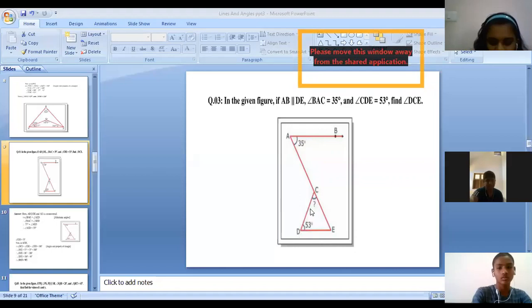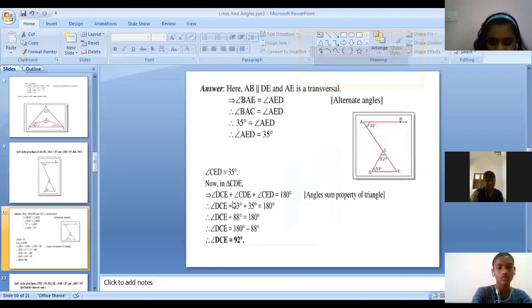Now, when you observe this triangle CDE, once again it is a triangle and one angle is unknown. Which angle? C. So use the angle sum property. Very good. Here angle DCE is named with three letters, but we can use one letter itself.